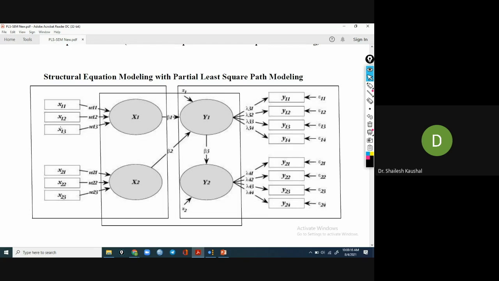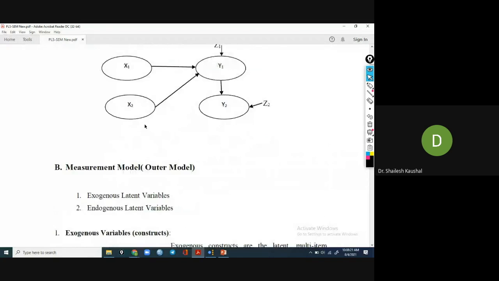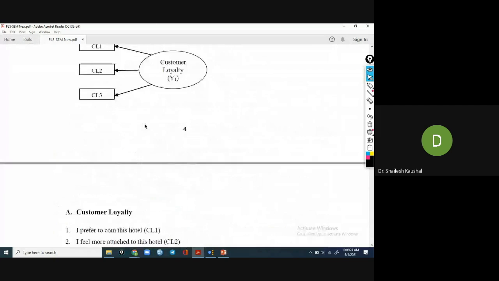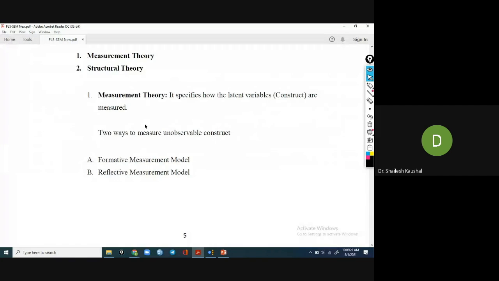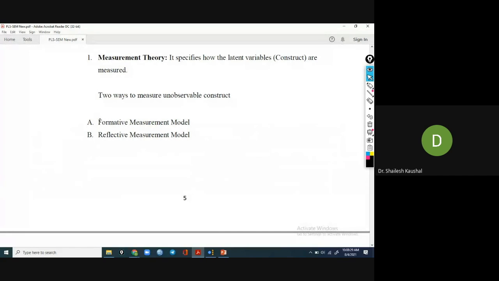When all three variables are forming the construct, it is formative, because these three independent variables form the construct, which is why it is known as a formative measurement model. A measurement model means I am talking only about the latent variable, or construct, and the measured variables. Measured variables may be dependent variables and independent variables. Okay.